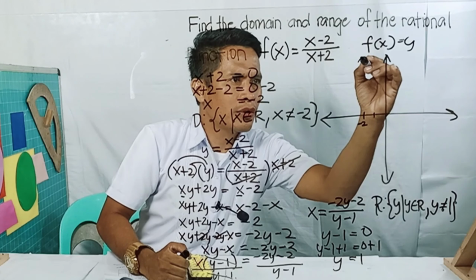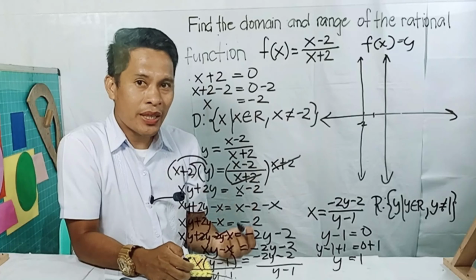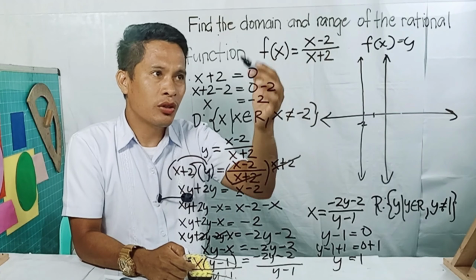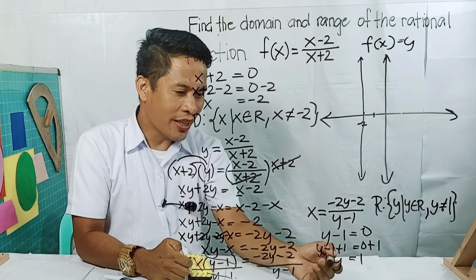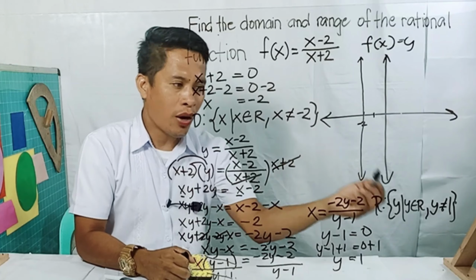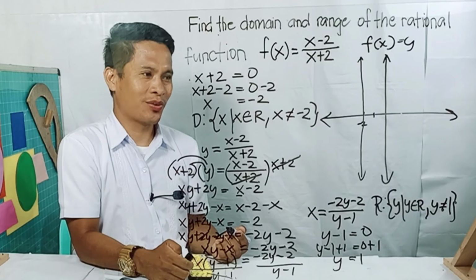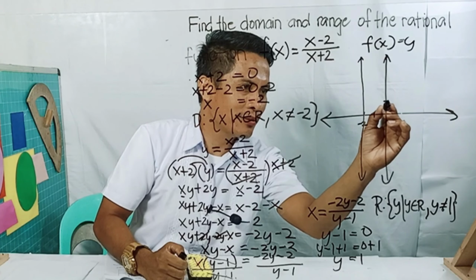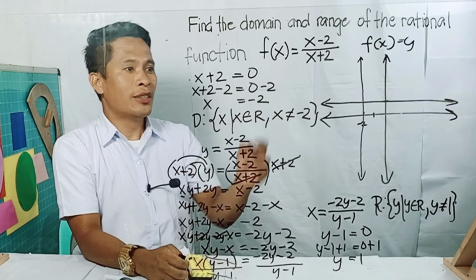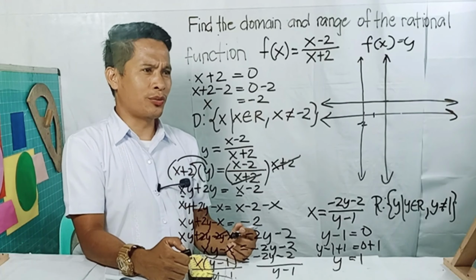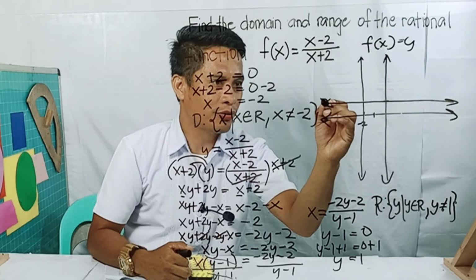So, negative 2 will be the vertical asymptote of this rational function. While the range, y is not equal to 1, will be our horizontal asymptote. So y is equal to 1. So this will be the graph of this rational function.